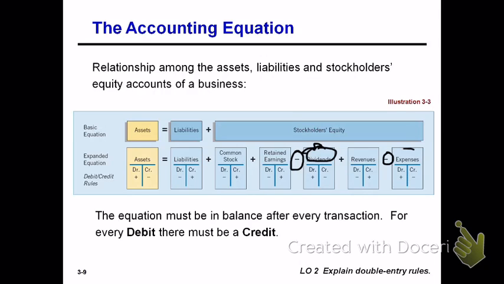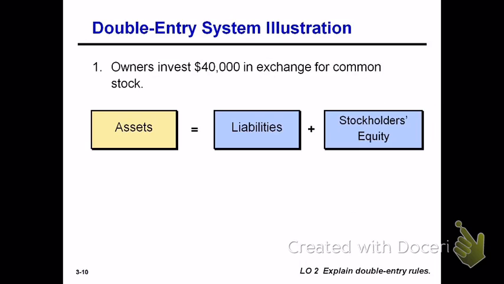And because expenses are a minus, expenses are flipped from the rest of equity. So common stock, retained earnings, and revenues all increase with credits, but dividends and expenses decrease with credits because they're subtracted when you're doing the equation.